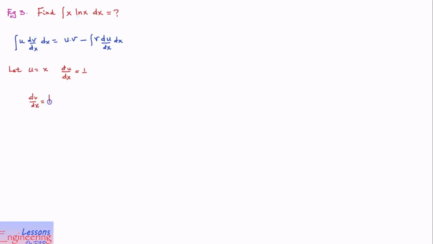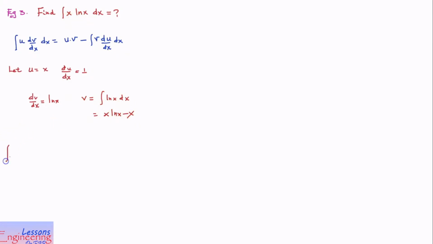So v is the integral of ln x dx. And in the previous example, example 2, we have seen that this is equivalent to x ln x minus x. Now let's use this and try to solve this problem. Find its integral.